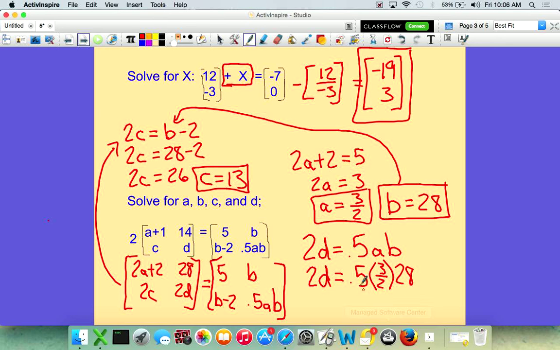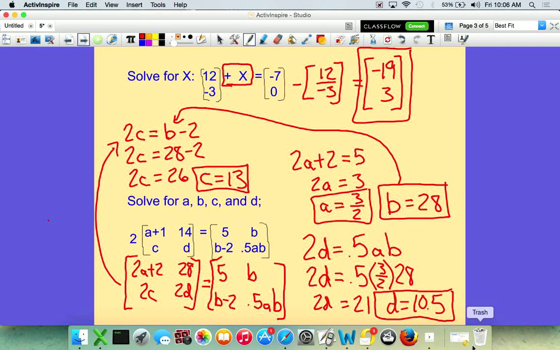If you multiply these three numbers together, we would get, let's see, 28 divided by 2 is 14, divided by 2 is 7, 7 times 3 is 21, equals 2d. So d would have to equal 10.5. And there's our fourth answer.